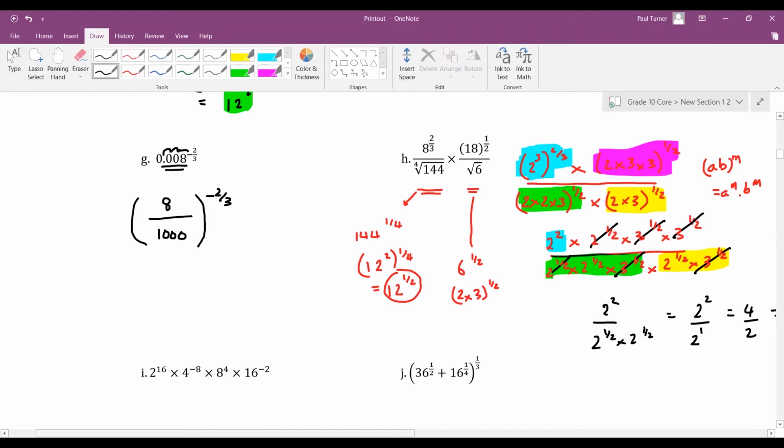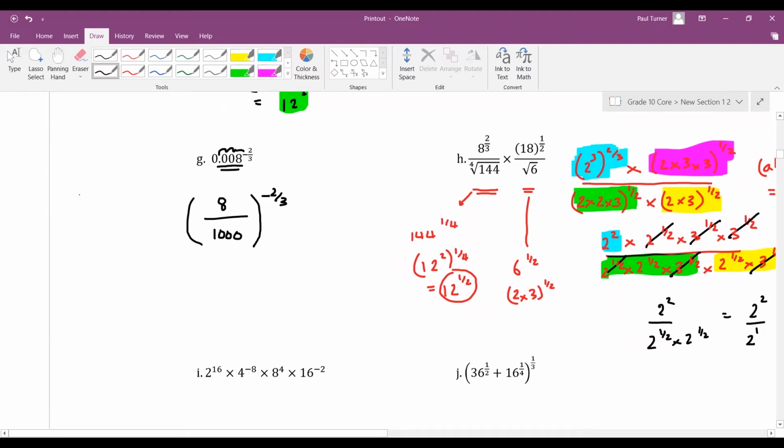Now I'll show you a trick here. I can show why it happens, but if you've got 2 on 3 to minus 2, if we do that the long way, that would be 2 minus 2 on 3 minus 2. And if we want these to be positive, we would move them about. So 3, 2 on 2, 2, which is the same as 3 on 2 squared.